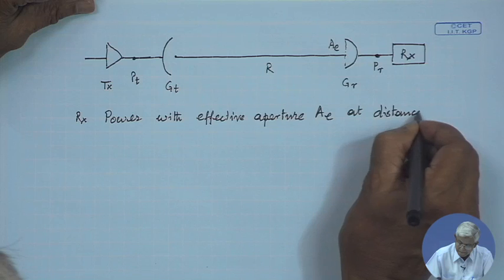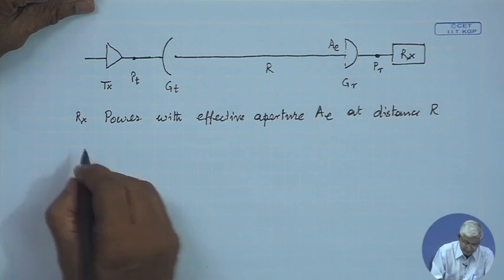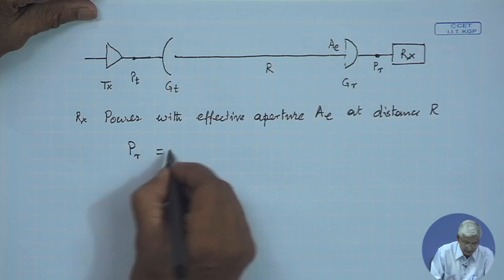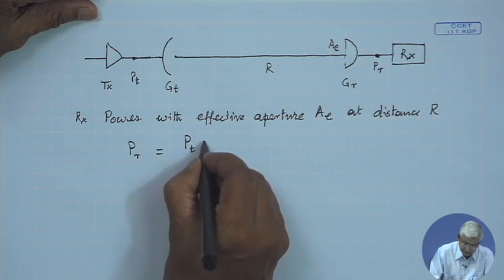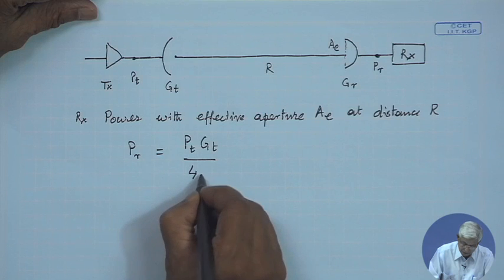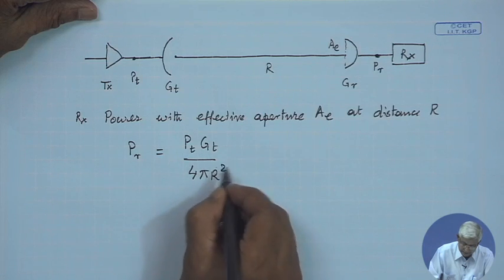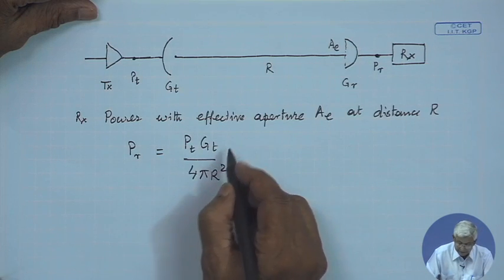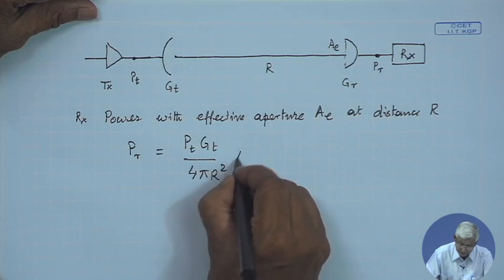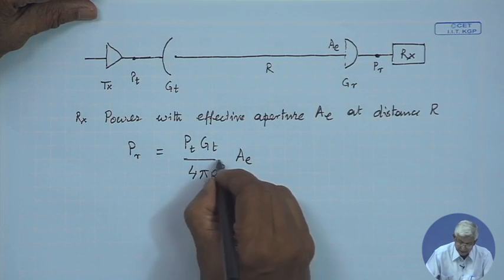distance R can be stated as PR is PT into GT by 4 pi r square. This is watt per meter square, and effective aperture of that many meter square will capture this.